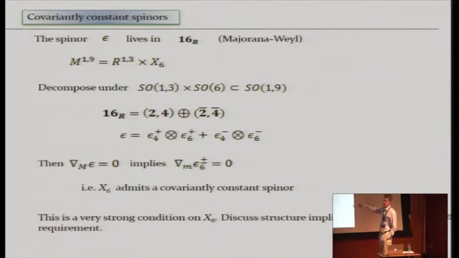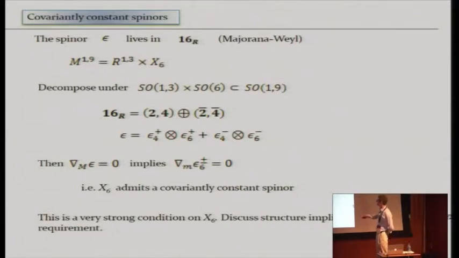So I used capital M here for 10-dimensional indices and little m here for 6-dimensional indices on X6. Just taking that and factoring it tells you that this internal spinor has to be covariantly constant, both for epsilon 6 plus and epsilon 6 minus. Well, they're conjugates of each other, so it's not a big deal.